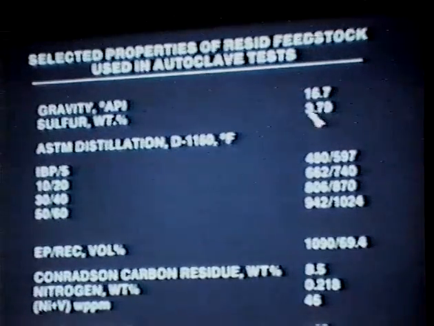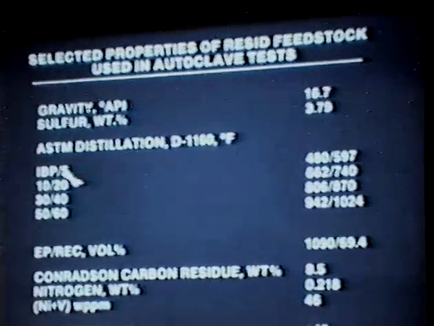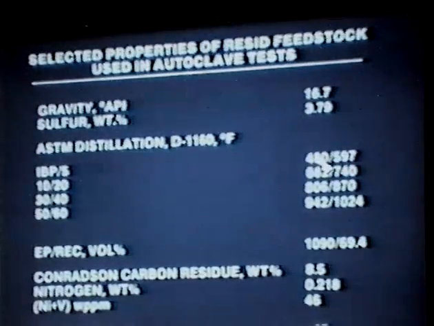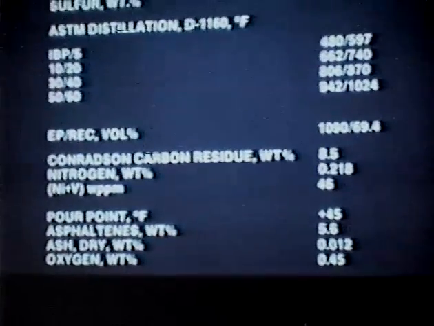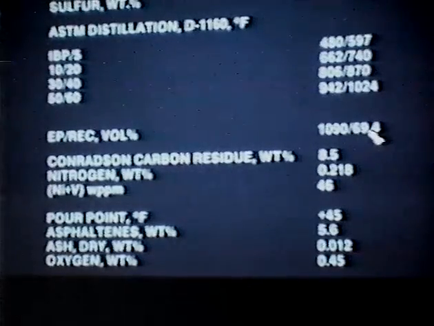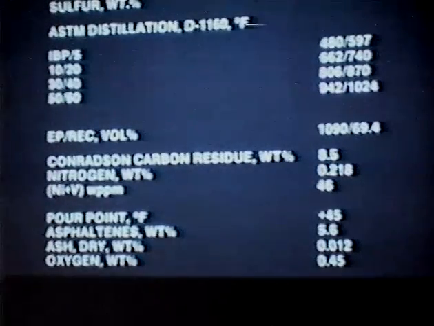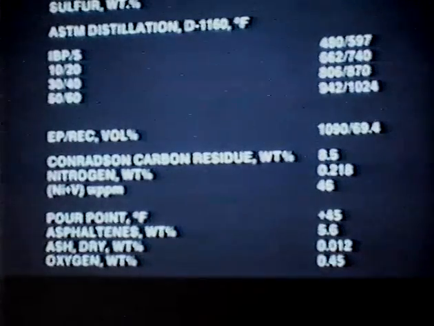The sulfur concentration is around 3.88%, and this gives you an idea of the boiling range, about 480 degrees Fahrenheit up to about 1,000 plus. As you can see, this stands for endpoint, and this stands for volume percent recovered in a distillation. What this 69.4 means is that that percent of the oil is recovered if you try to distill it, which means that the rest of it is left in the flask and doesn't distill over, i.e. the asphaltic portion of the resid.